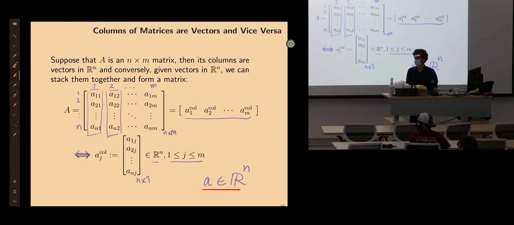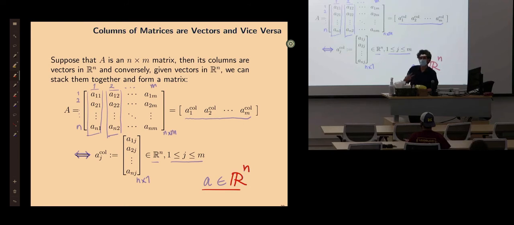A is a set of all real numbers in n. Not very concise, but we know that A contains real numbers, right? And we know the dimension is n. So we know we're dealing with real numbers, and we know the dimension is n.